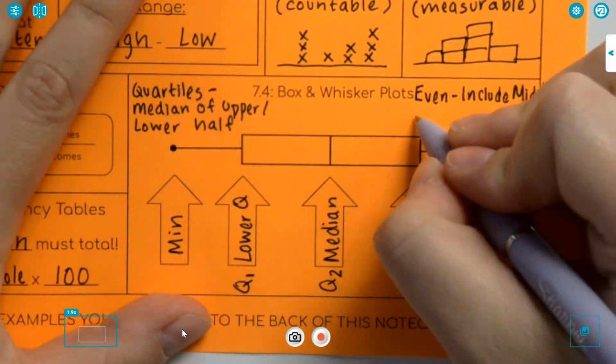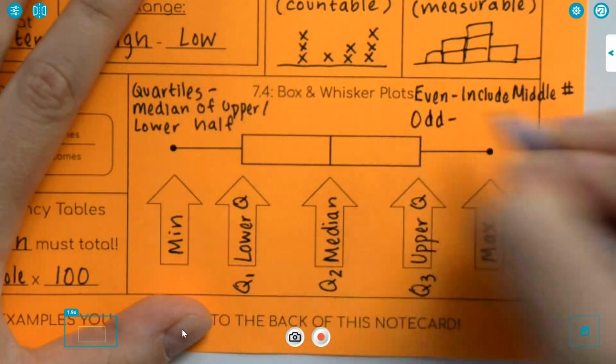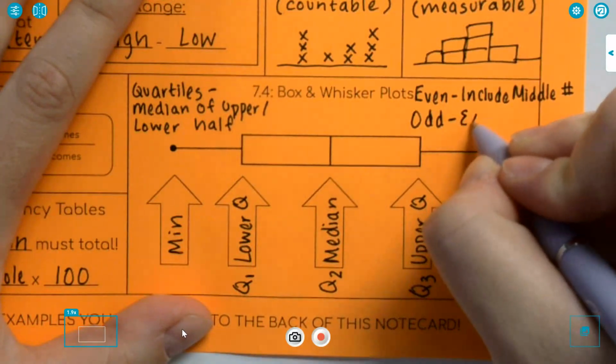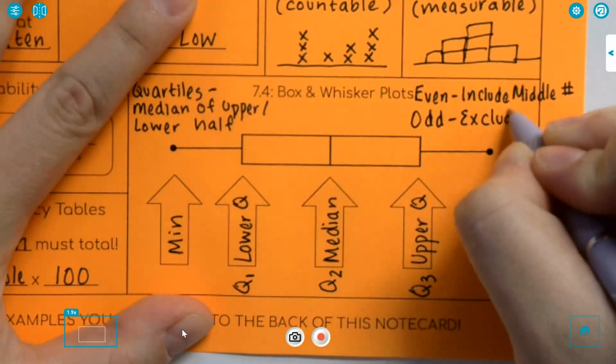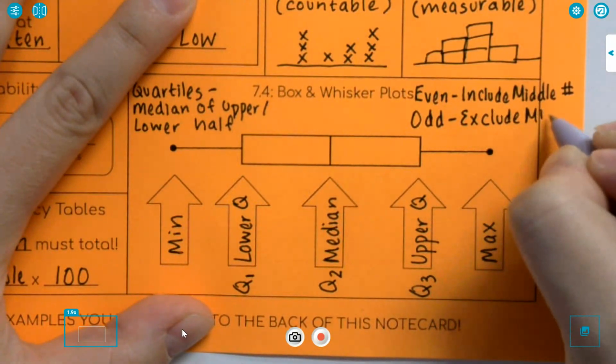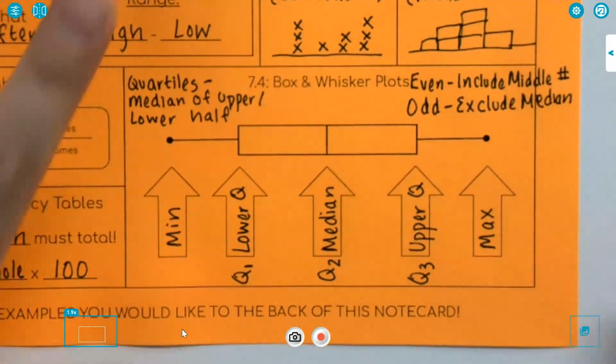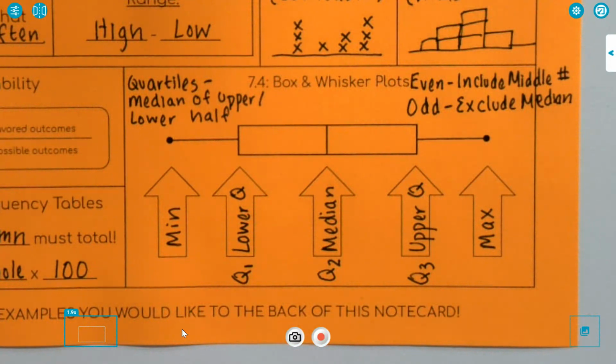And if you have an odd number of numbers, you are going to exclude your median. I'm going to put an example on the back, because now that I say that, it's much easier to show you than to tell you. So we'll put an example on the back of that one. And you guys can add whatever other examples you want.